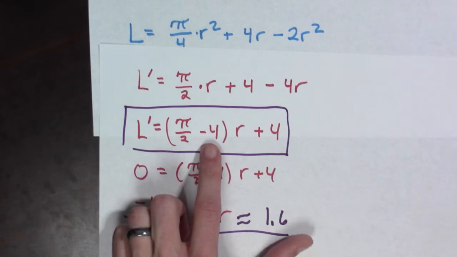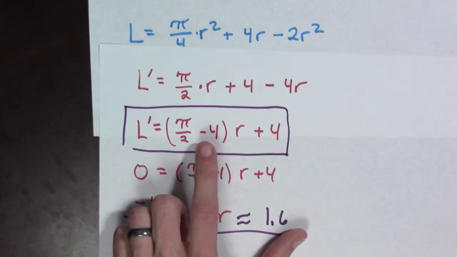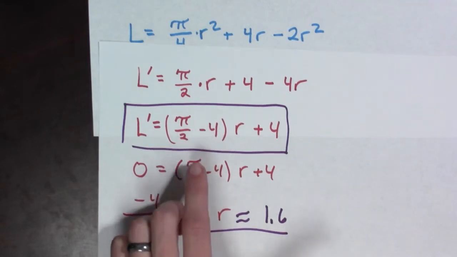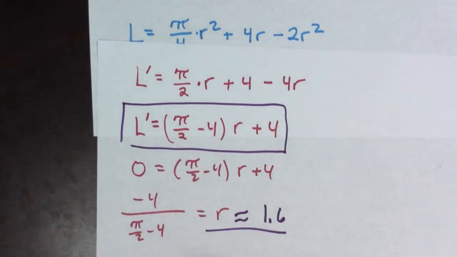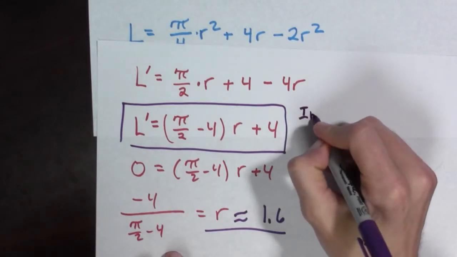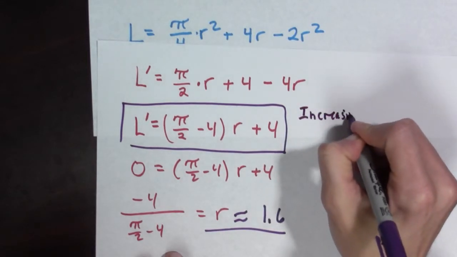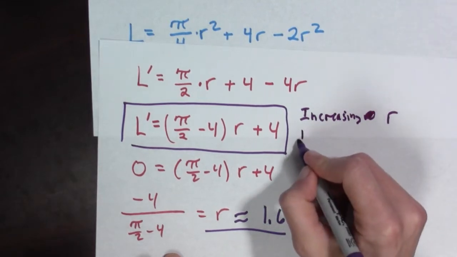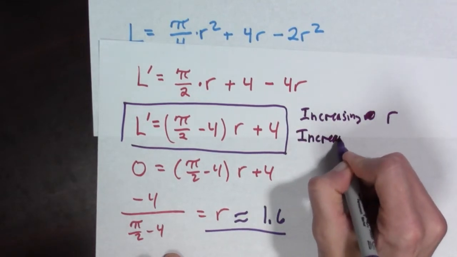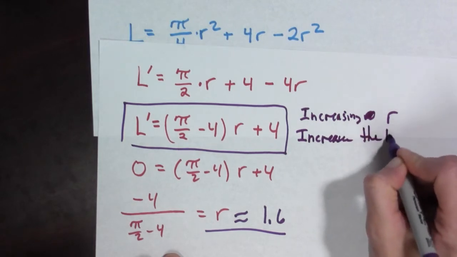And if r is between, say, 0 and 1.6, then this whole thing is positive, which means that increasing r increases the light.